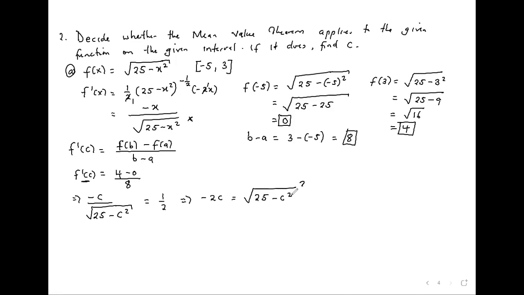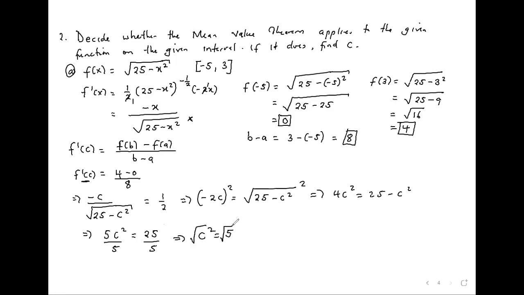So if we square both sides, we realize that we're getting 4c squared is equal to 25 minus c squared, giving us 5c squared is equal to 25. Before we square root, we divide by 5. We'll get c squared is equal to 5.